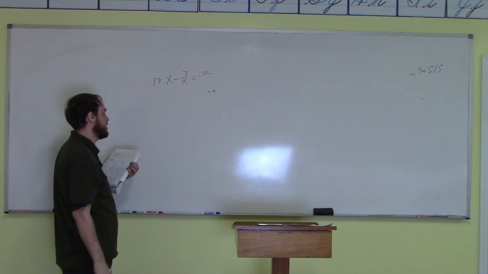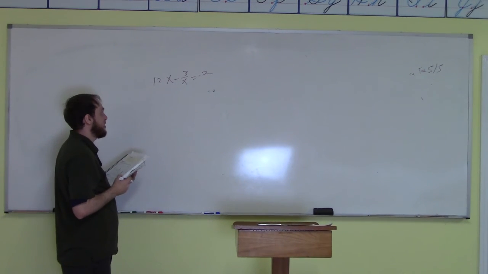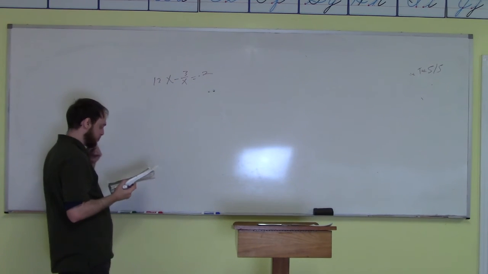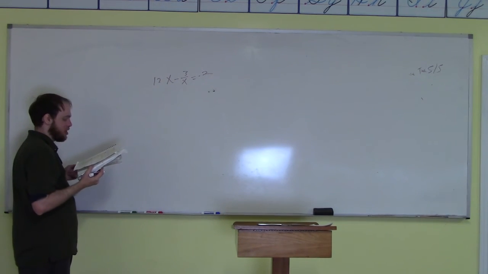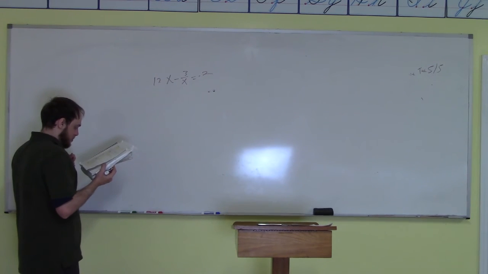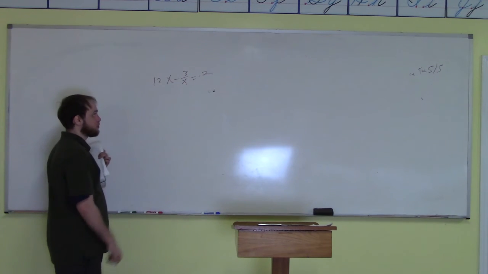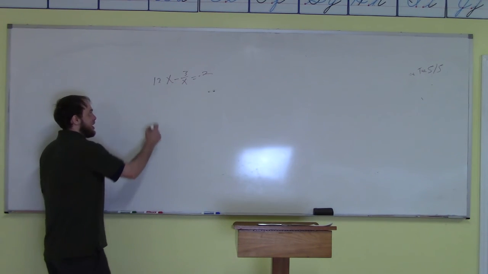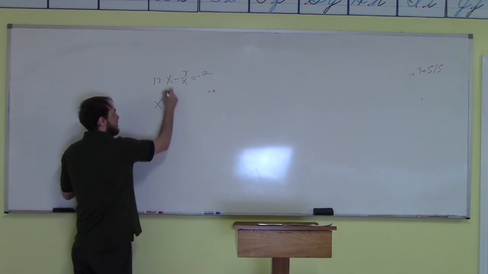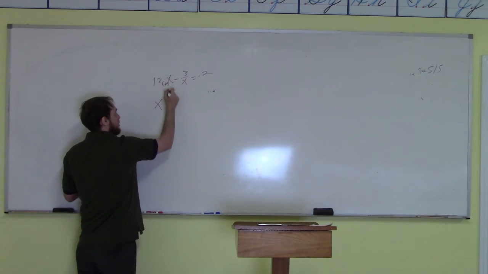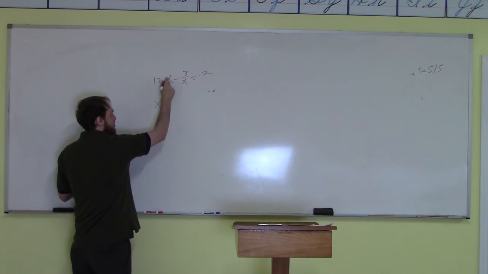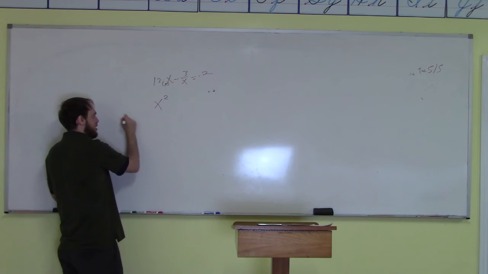So again, I have a common denominator, and so you're going to find the common denominator for 17. For this one, it's going to be an x on the bottom. So when I do that, I'll wind up with an x here. So x times x would be x squared, and I need an x on the bottom.